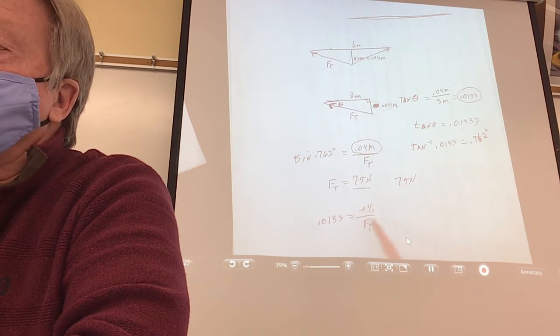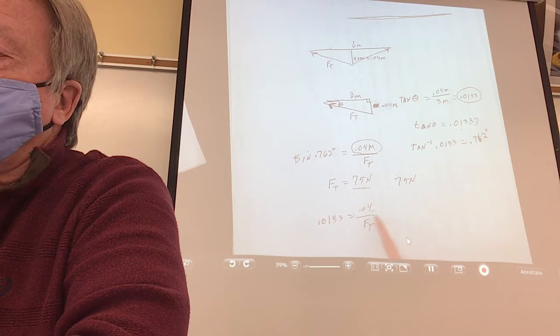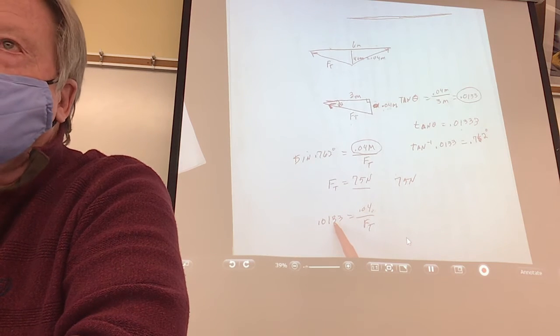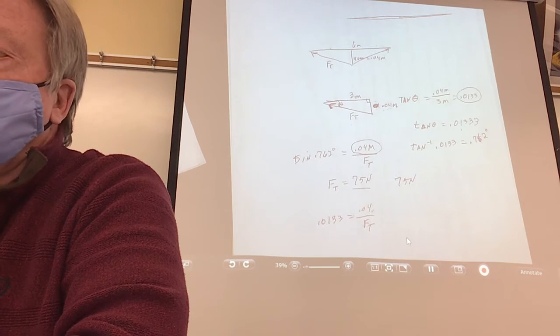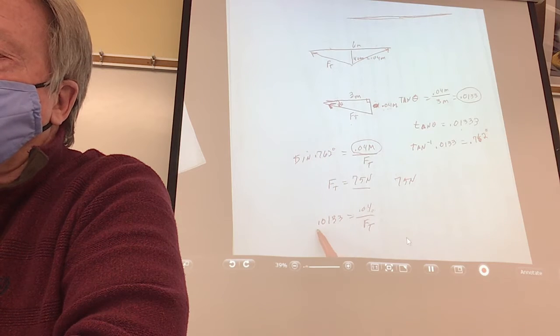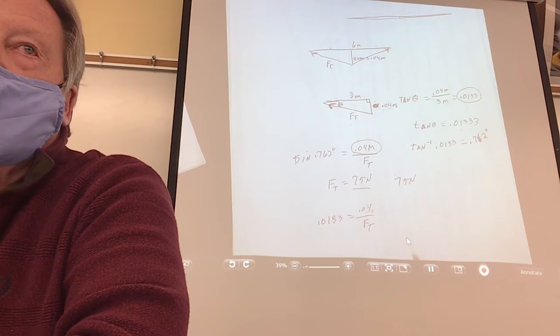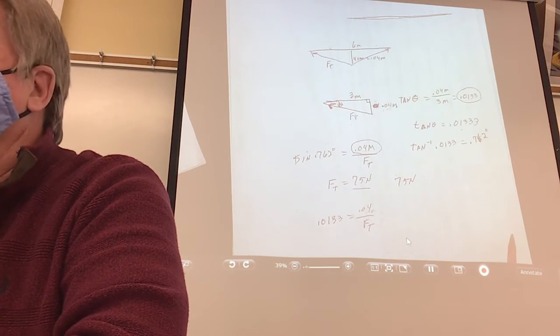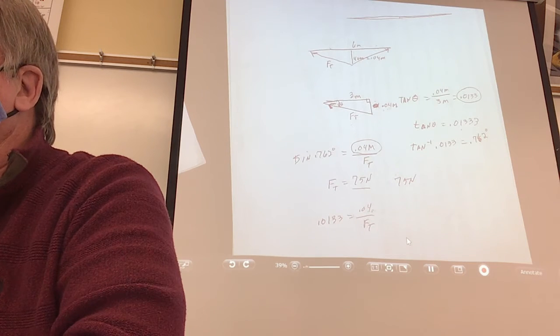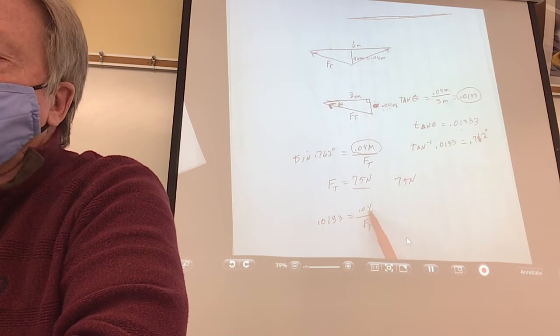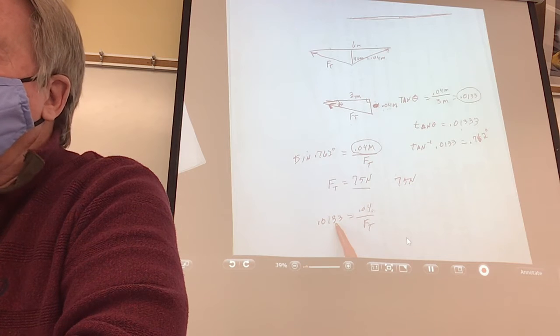Try that and see if you get 75. What's 0.04 divided by that? Is that 75? What's 0.04 divided by 0.0133? Somebody give me a hit on the calculator. Ian, what do you got? 3.008.